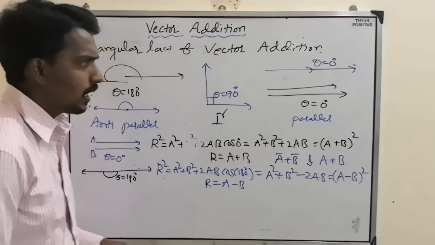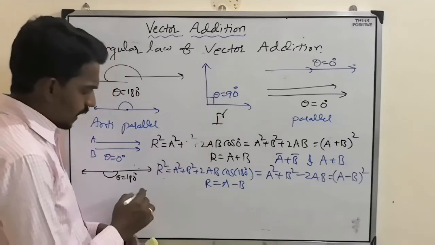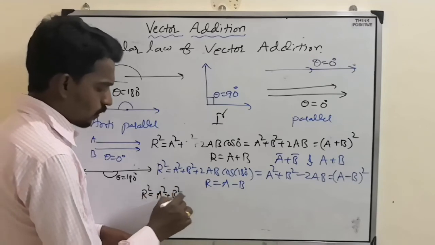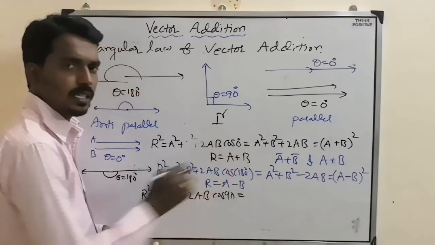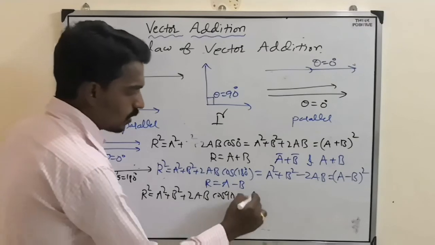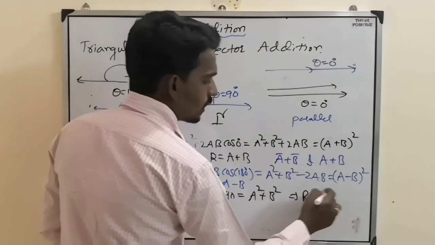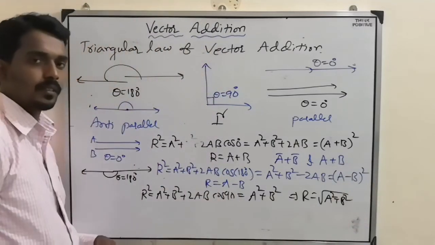Now let's take the last one, that is theta 90 degrees. So theta 90 means R square equal to A square plus B square plus 2AB cos 90. How much? Cos 90 is 0, so this term will become 0. So R square is A square plus B square, which implies R is under root A square plus B square.